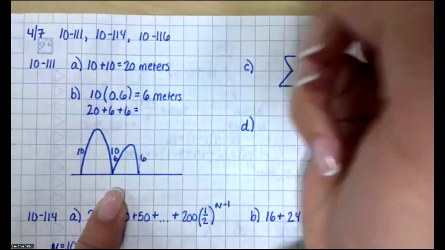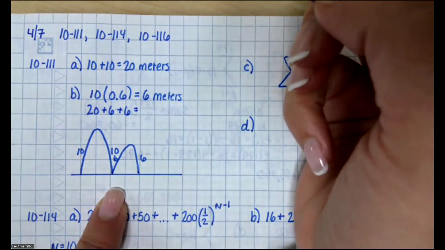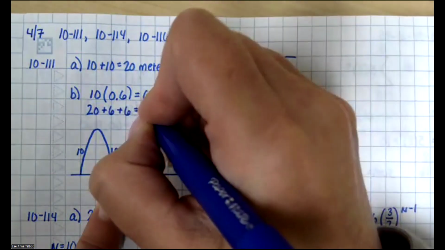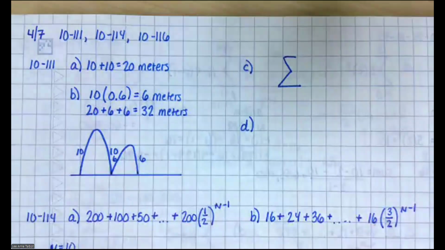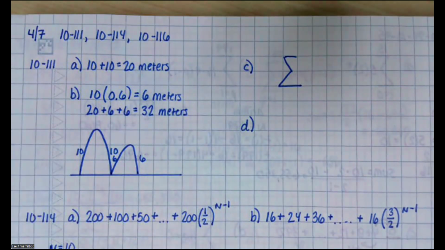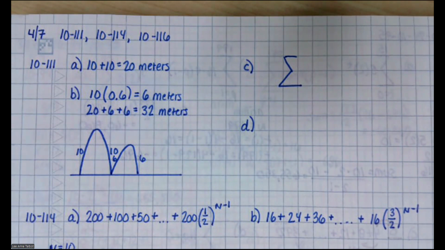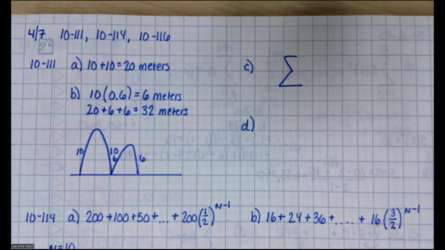So its total distance after 2 bounces would be 32 meters. Everybody good so far?